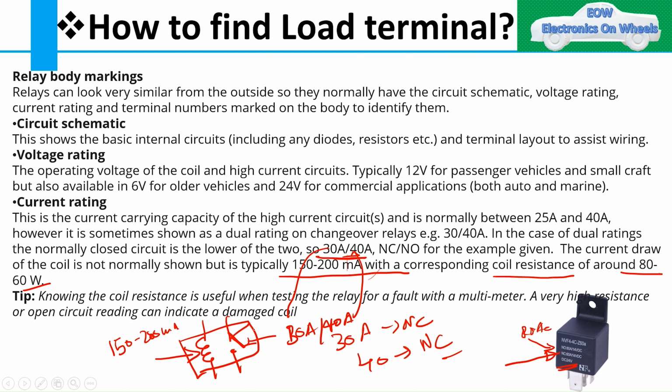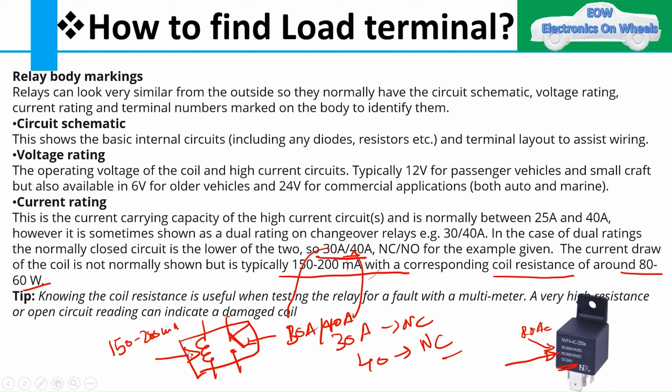Okay, so I think this might be clear for you. Knowing the coil resistance is useful when testing a relay for a fault with a multimeter. A very high resistance or open circuit reading can indicate damage to the coil. So suppose the resistance of that particular relay is very high. What does it mean?